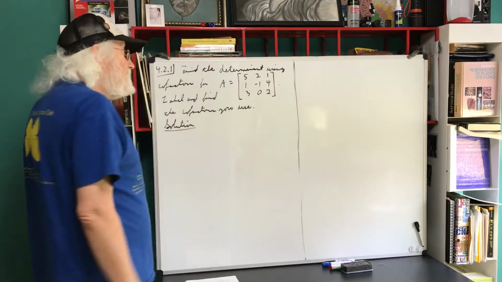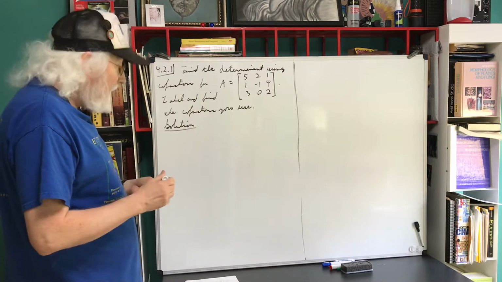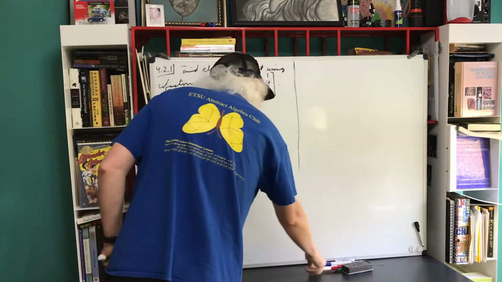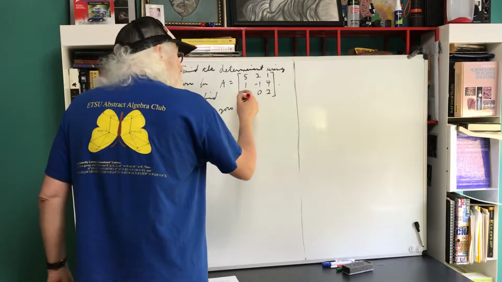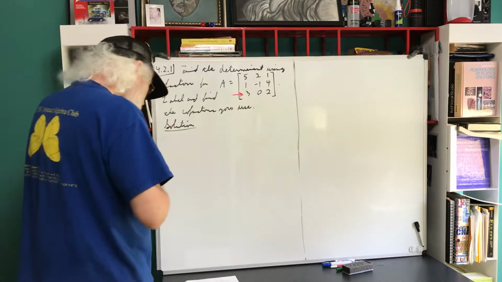Let's take advantage of that 0. We can either go along the second column or the third row. How about we go along the third row? And the computations will be equivalent. So let's take a cofactor expansion along the third row.